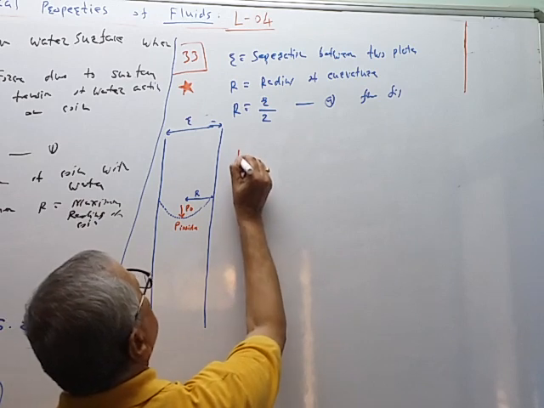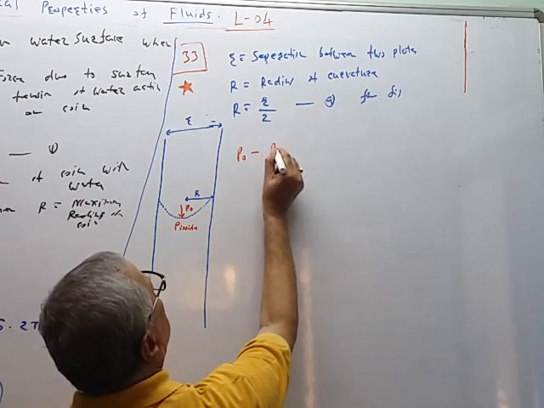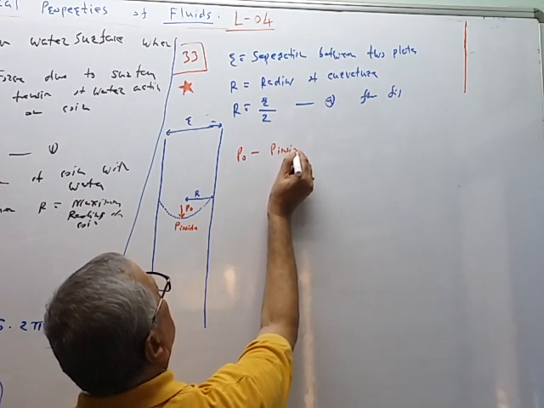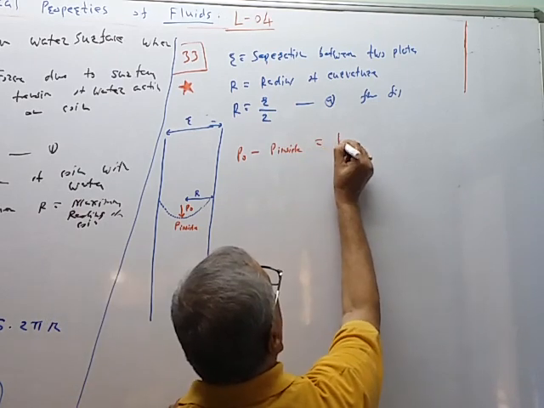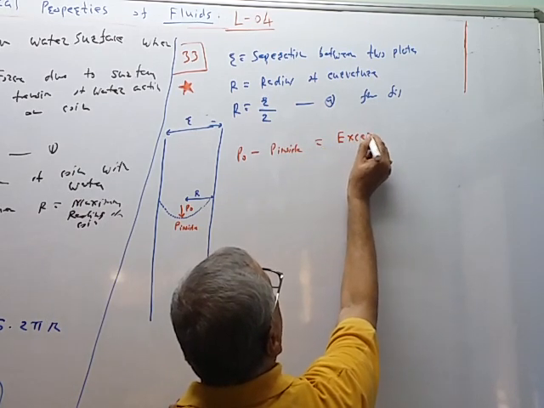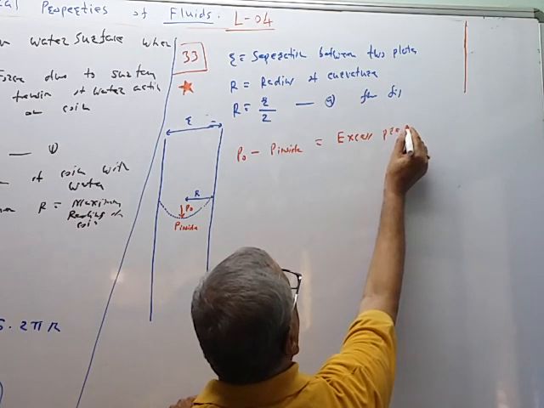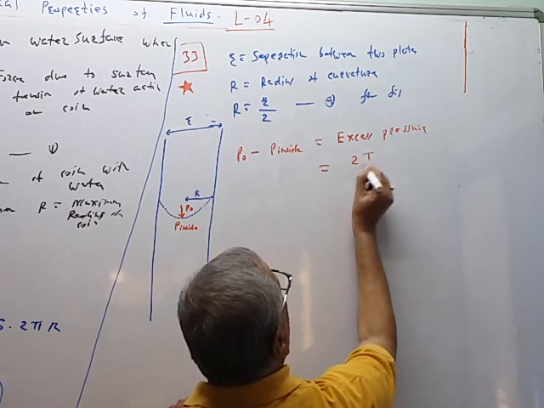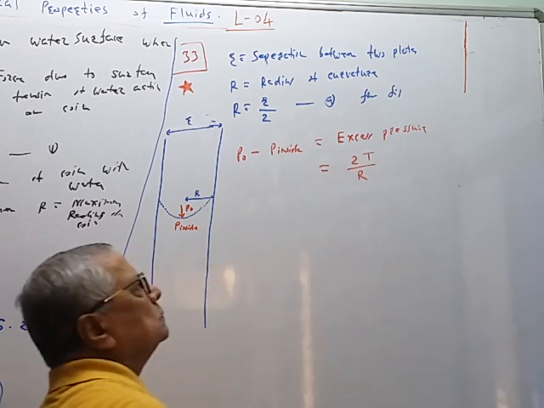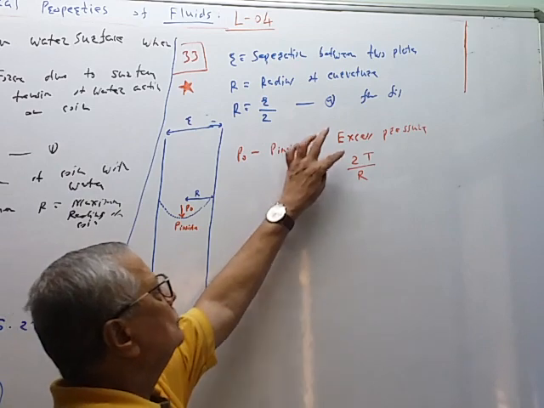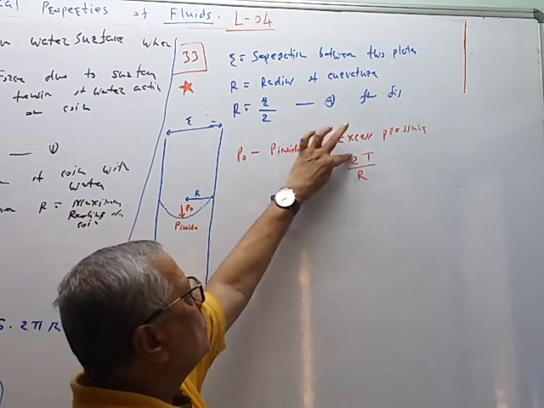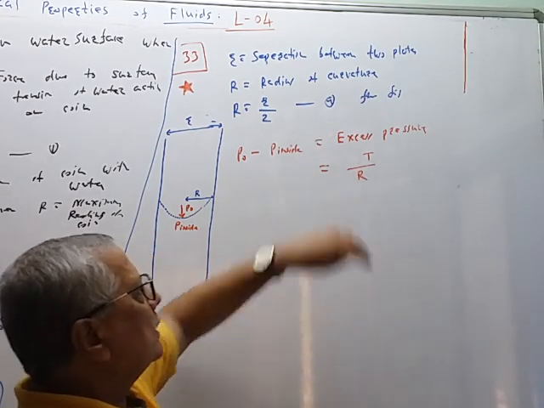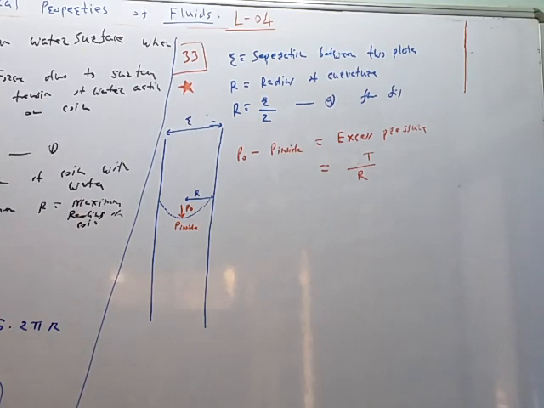So P0 minus P inside is equal to the excess pressure. And this is equal to 2 times T upon R... T upon R. It is not a bubble, it is not a drop, it is a cylindrical surface like this.